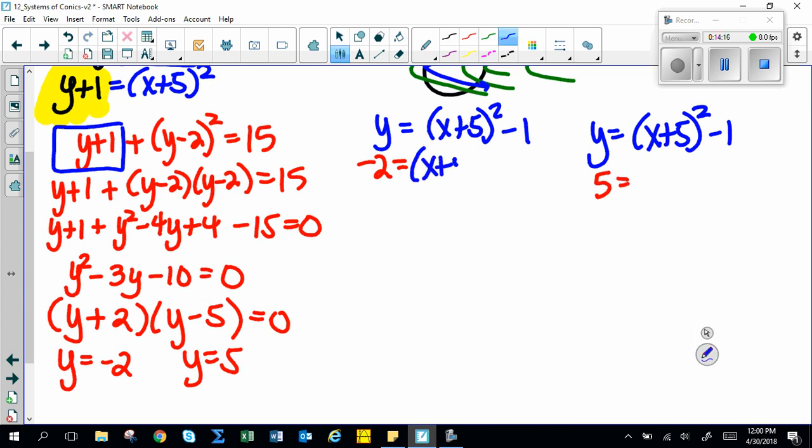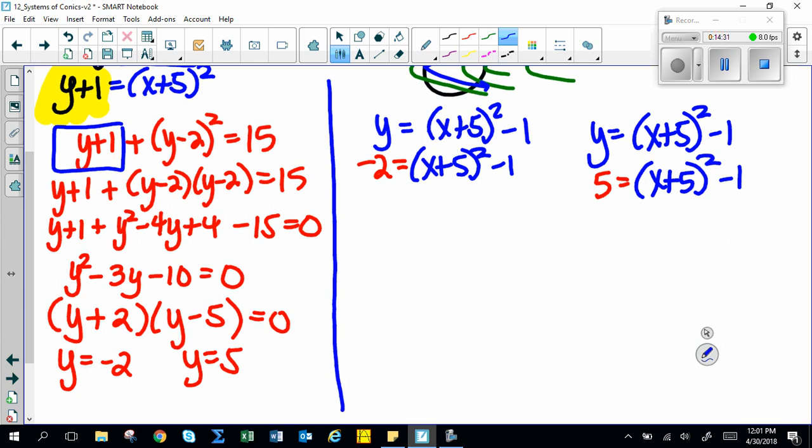All right, and then I'm going to solve each of these for x. All right, I'm going to need to expand those binomials. So I have negative 2 is equal to, so x plus 5 times x plus 5 is x squared plus 10x plus 25. And I still have the negative 1.